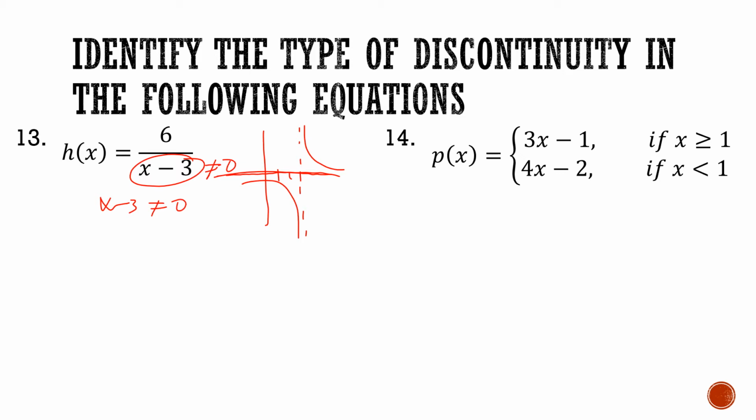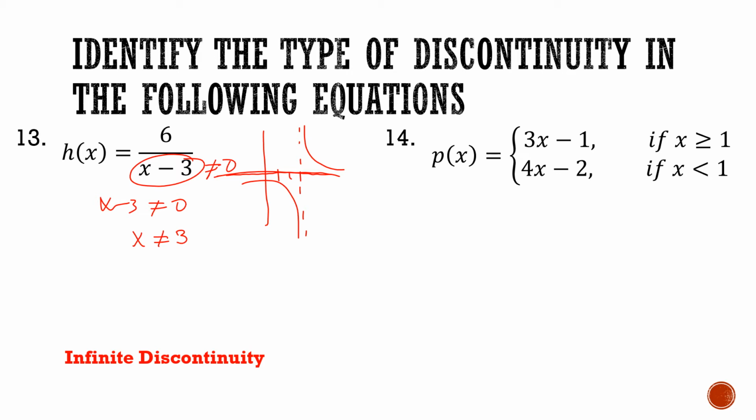Well, if x minus 3 cannot equal 0, then that means x cannot equal 3. Because x can't equal 3, and that's in your denominator, you know that you have a vertical asymptote. Well, if there's a vertical asymptote in our problem, we know the type of discontinuity had to be infinite discontinuity.